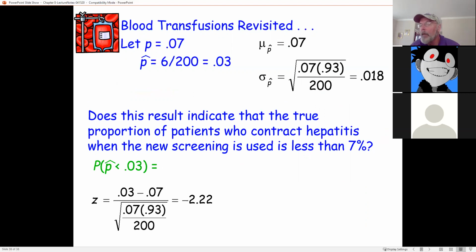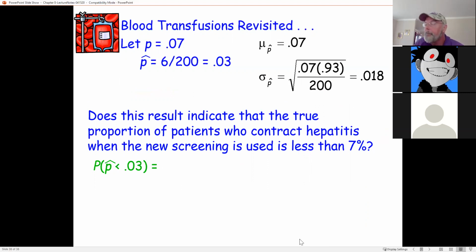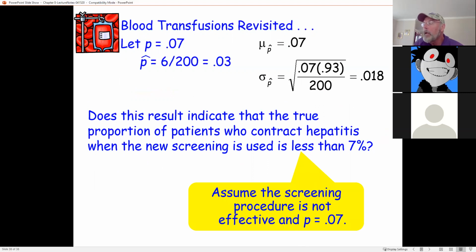So we would have a 0.03 here. If we had 6 out of 200, this is the proportion: the number of people that showed hepatitis over 200.